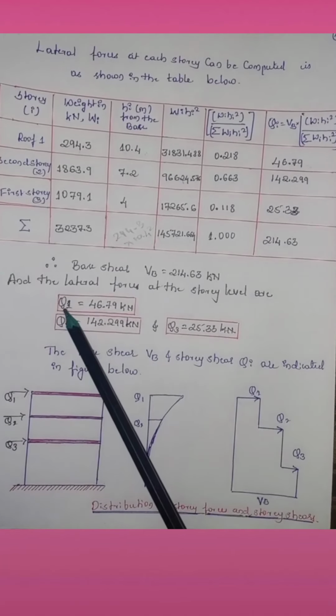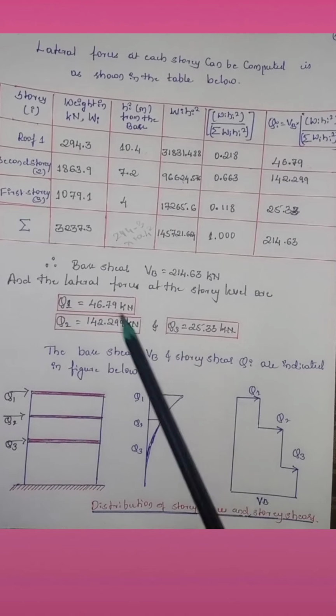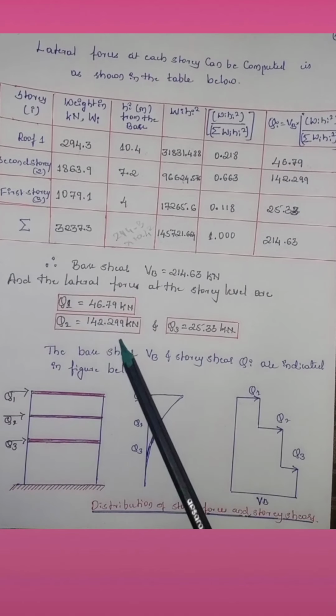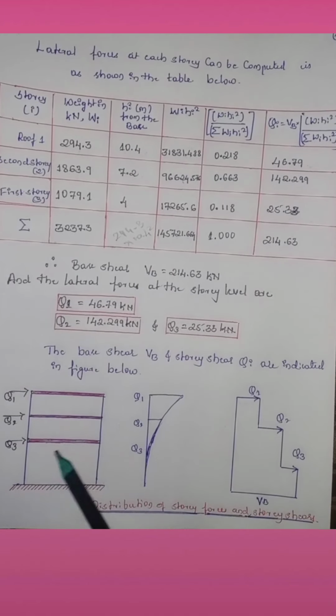Here Q1, Q2, Q3, I have written as story shears, or else you can write lateral forces at each story level. Here it is indicated in the diagram, Q1, Q2, Q3, like this. Thus, distribution of story forces and story shears.